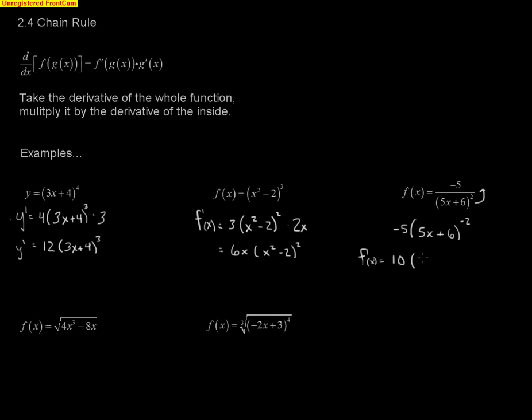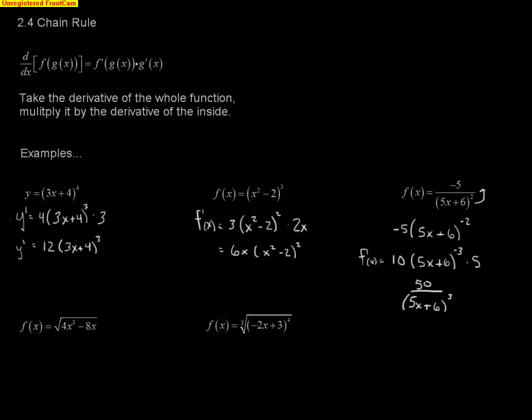That's 10. 5x plus 6, subtract power by 1, that's going to be a negative 3. And then multiplying by the derivative of the inside, we'll have 5. And so therefore, cleaning this back up, because we don't like negative exponents, we're going to have 50 on the top. And then we bring the quantity down, 5x plus 6 with a positive exponent of 3 there. So there's your derivative for that one.